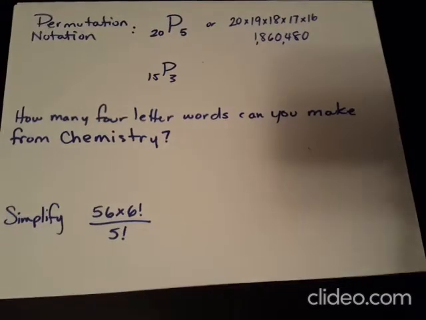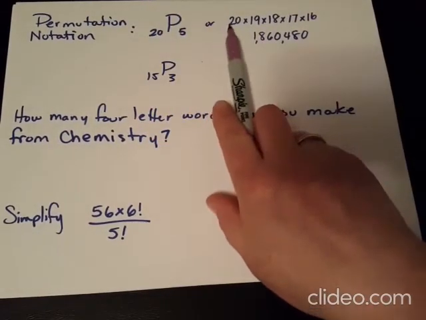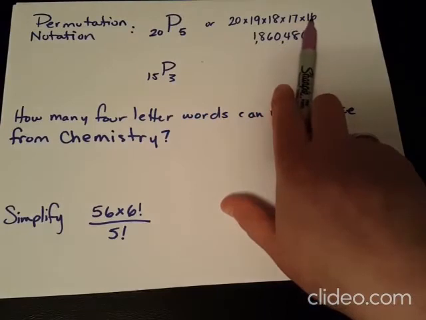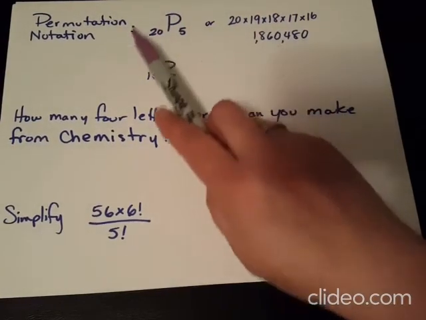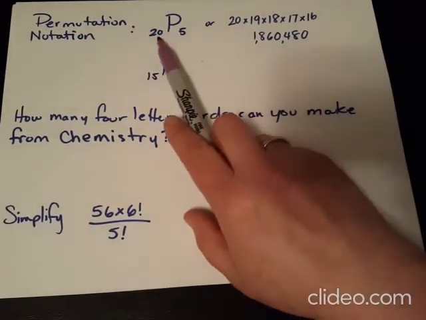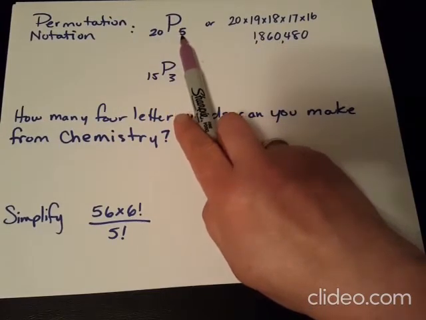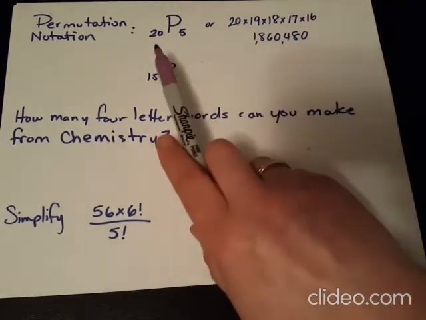So with the first scenario, we had a part of a group. There was 20 students placed over 5 positions, or 5 scholarships. This is called permutation notation, and we can represent it like this. We have 20 students in the group, there's 5 scholarships that can be won, and we have to go down 1 every time.